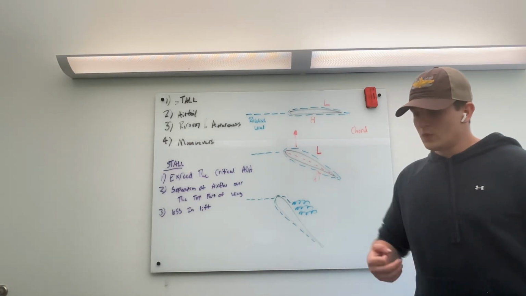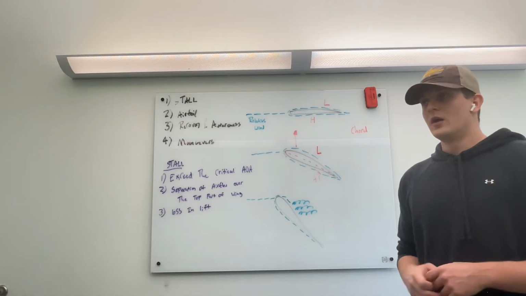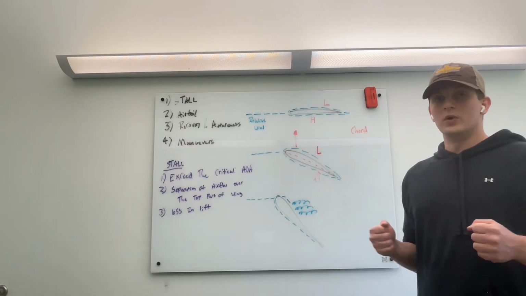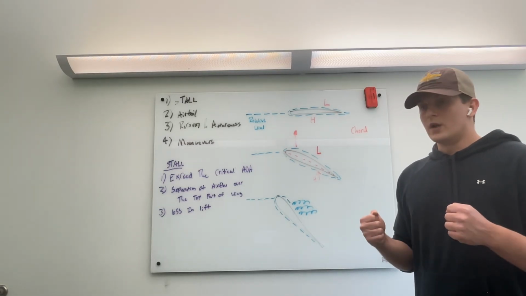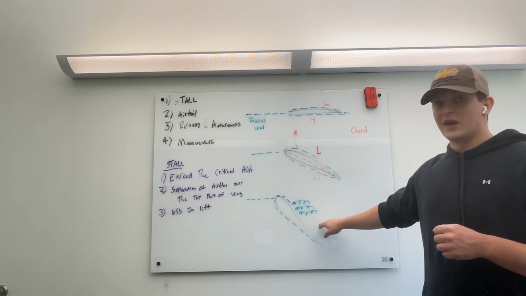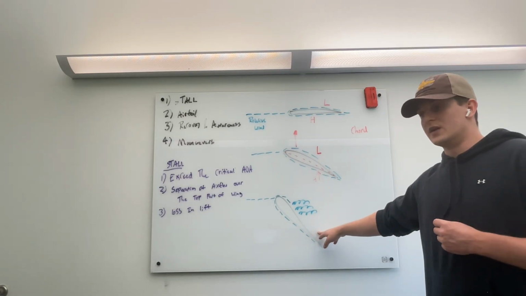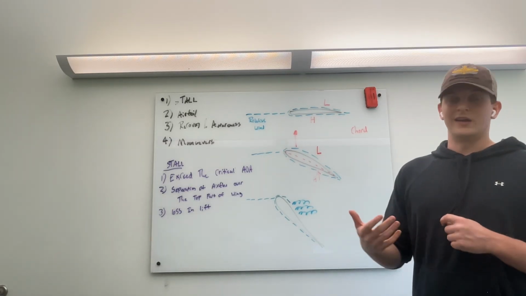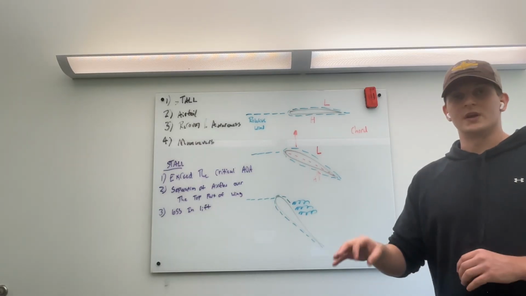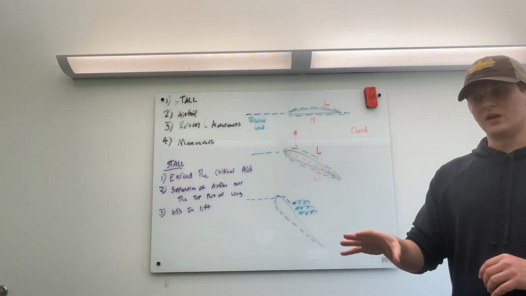So when we go out and practice our stalls today, we're going to put our airfoil in a stalled state, and about 5 to 10 knots of airspeed before that, we'll start hearing a noise. It's either going to be a voice saying stall, stall, stall, or it's going to be a horn.